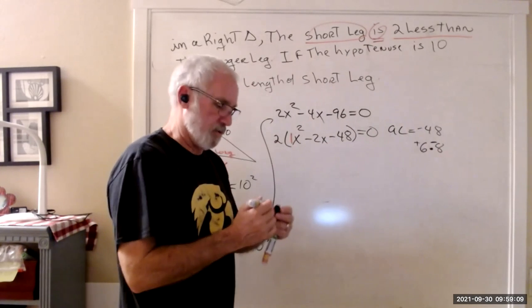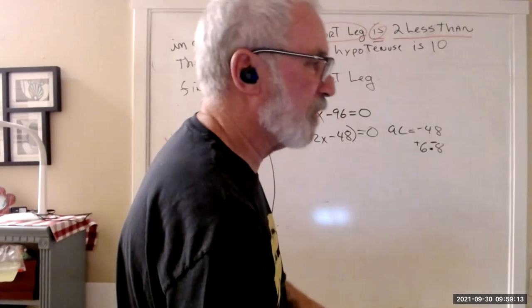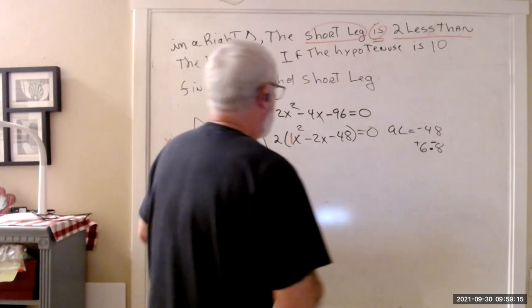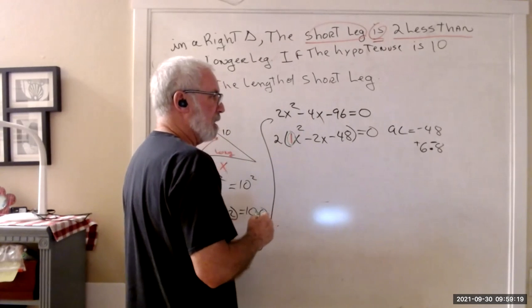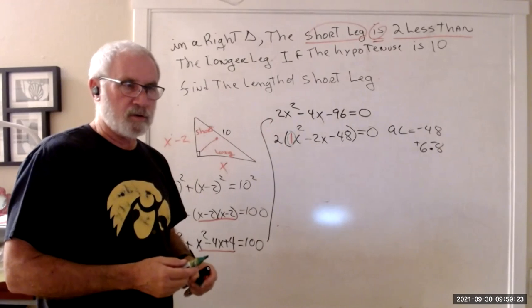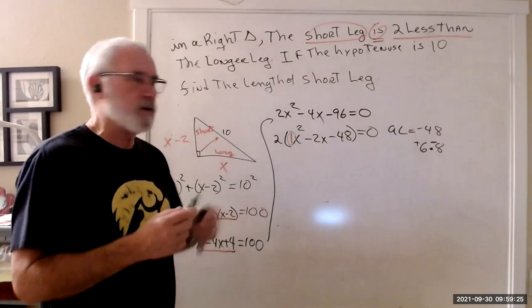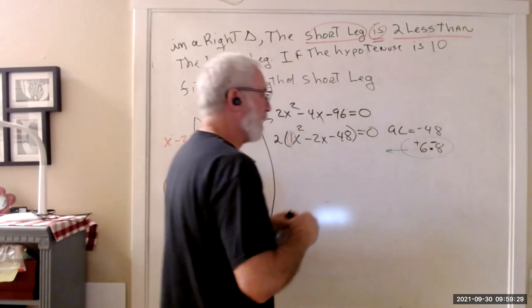But wait. This is even cooler. Remember, this is that shortcut. Because the A value is 1, I don't have to go through all that grouping crud. I can just use these numbers directly.